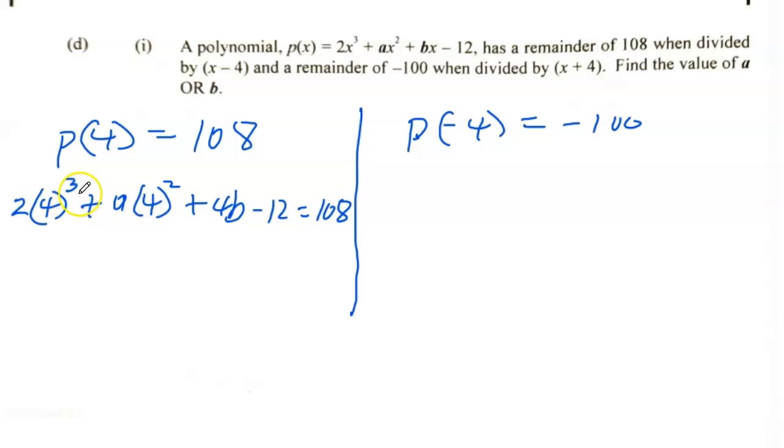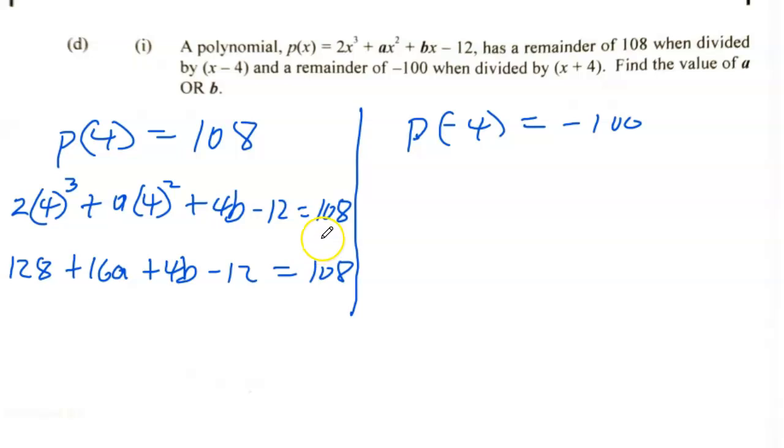So 4 cubed is 64, and 64 times 2 is 128. And 4 squared is 16, so that's 16a. And here we have 4b minus 12 equal to 108.